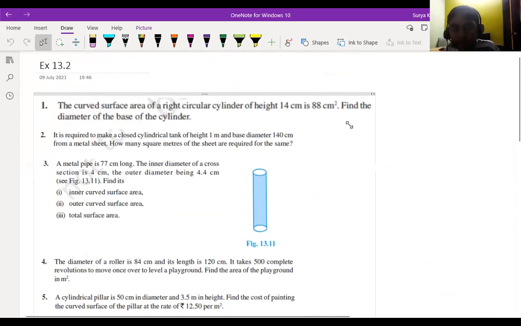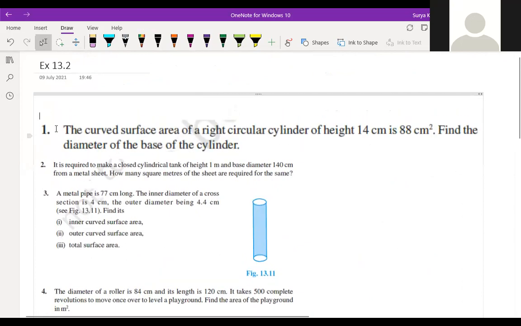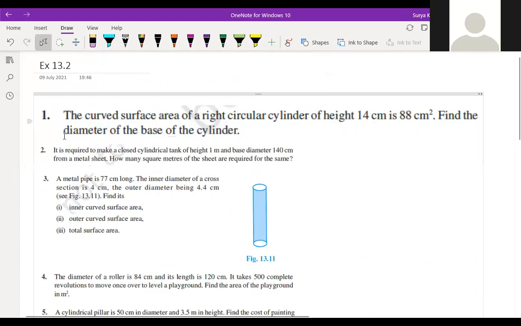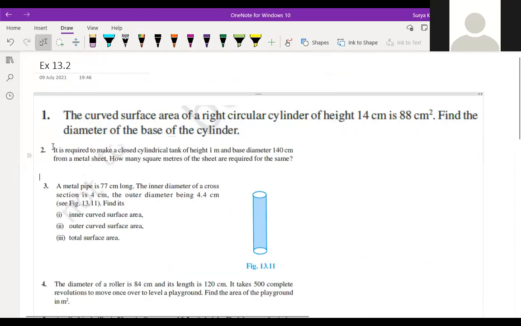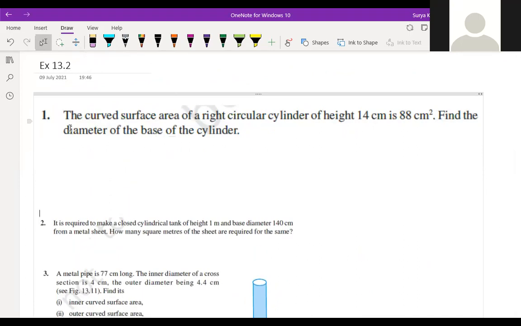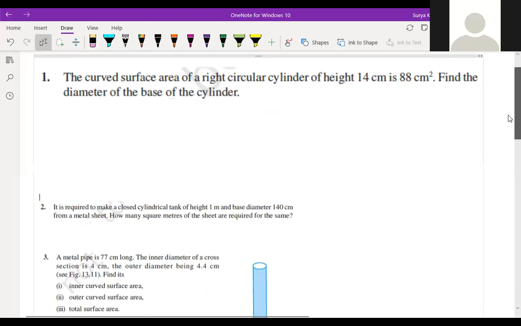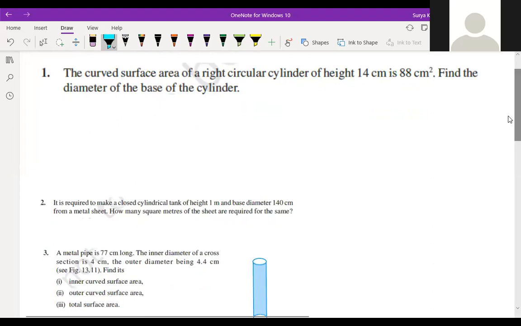Here they have given the curved surface area of a right circular cylinder of height 14 centimeter. If you know the cylinder, just draw this cylinder in this way.